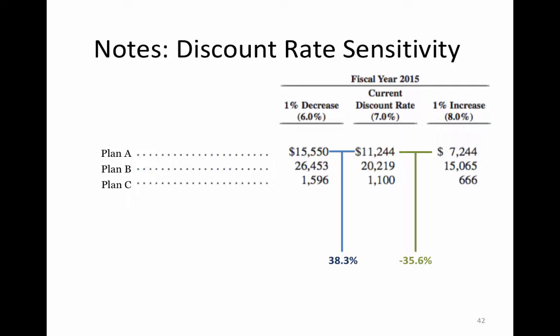is that the better funded the plan is, meaning the larger the assets are relative to the total liability, a number that can go up to 100%, meaning it's fully funded, or as low as 0%, meaning there's no assets at all, the closer you get to 100%, the more sensitive the measurement of the net pension liability is to changes in the discount rate.